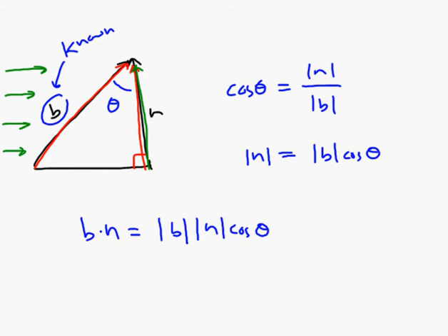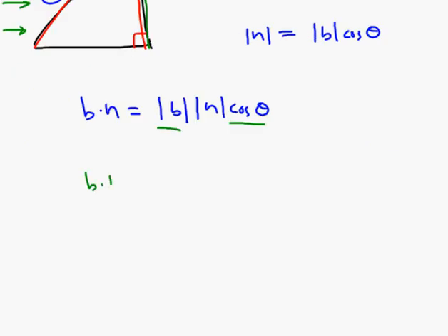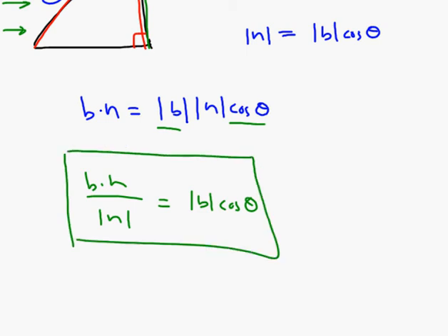Okay? So, without doing too much work, what you notice is that in this expression, here's the thing that we want to solve for. So we can do that by dividing, and we get b dot n over the norm of n is equal to norm b cosine theta, which is exactly the quantity I was solving for. So this is an expression for the component of vector b along n.